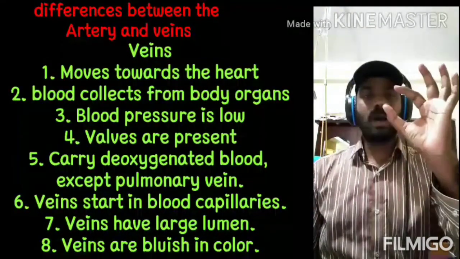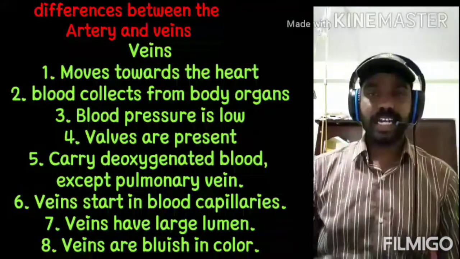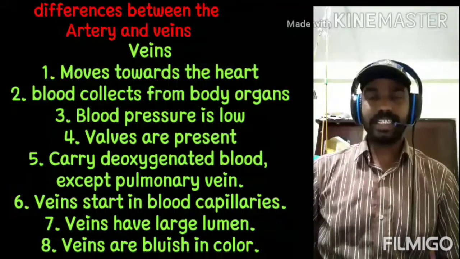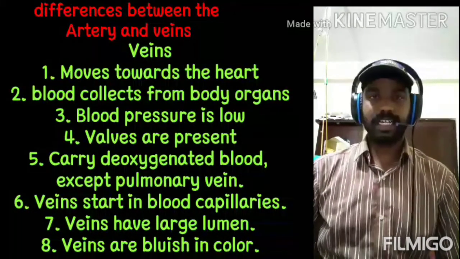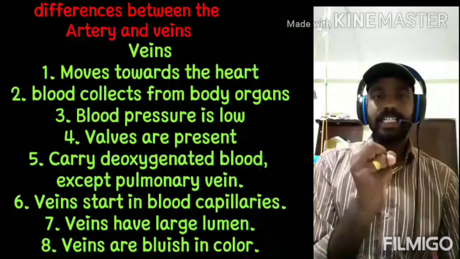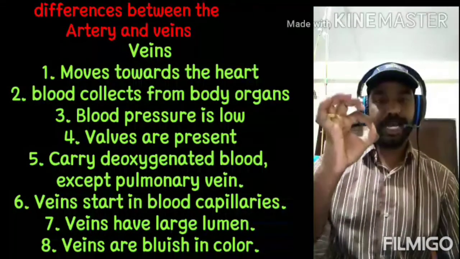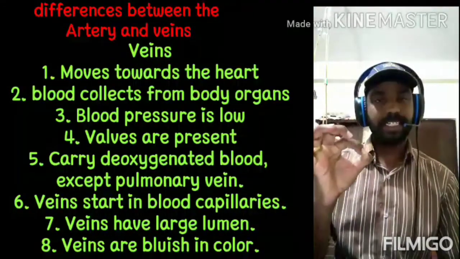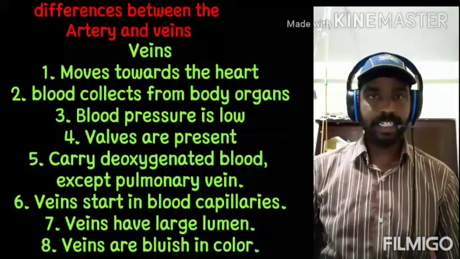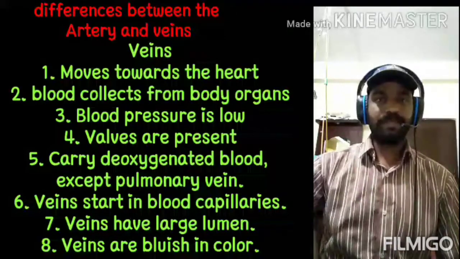Veins are bluish in color, while arteries are reddish. Veins collapse when blood is absent, but arteries retain their shape when blood is not present. So these are the main important differences between arteries and veins.